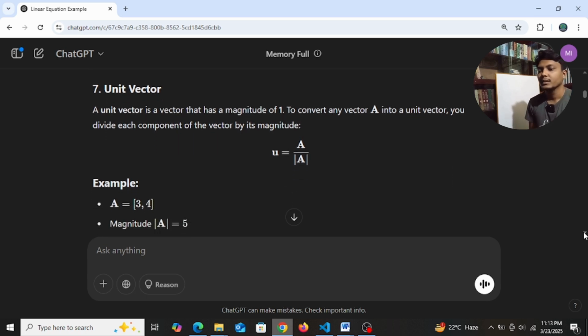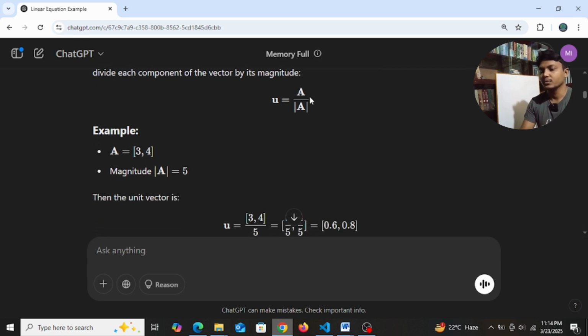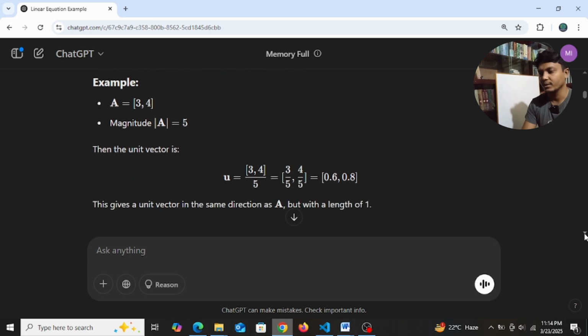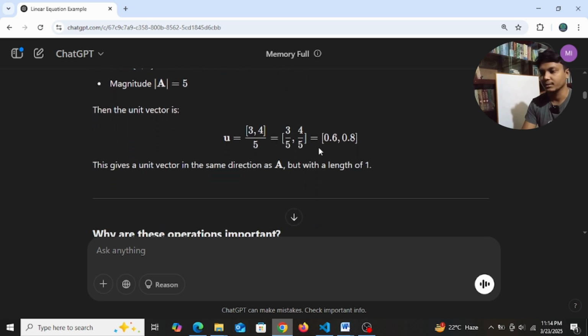Unit vector: a unit vector is a vector that has a magnitude of 1. To convert any vector a into a unit vector, you divide each component of the vector by its magnitude. So u equals a divided by the magnitude of a. That means u equals (3, 4) divided by 5. 3 and 4 are divided by 5 separately, so we get 0.6 and 0.8.